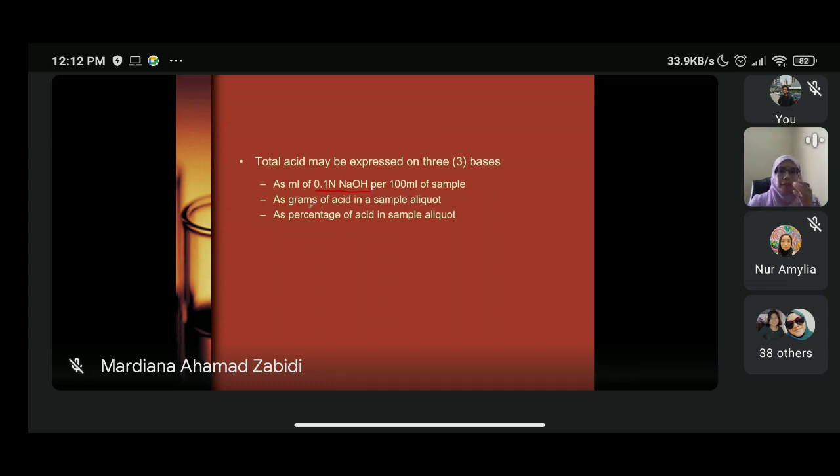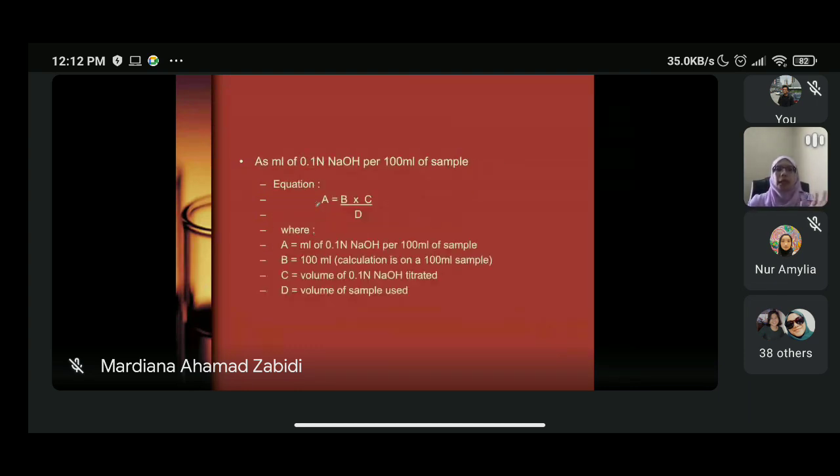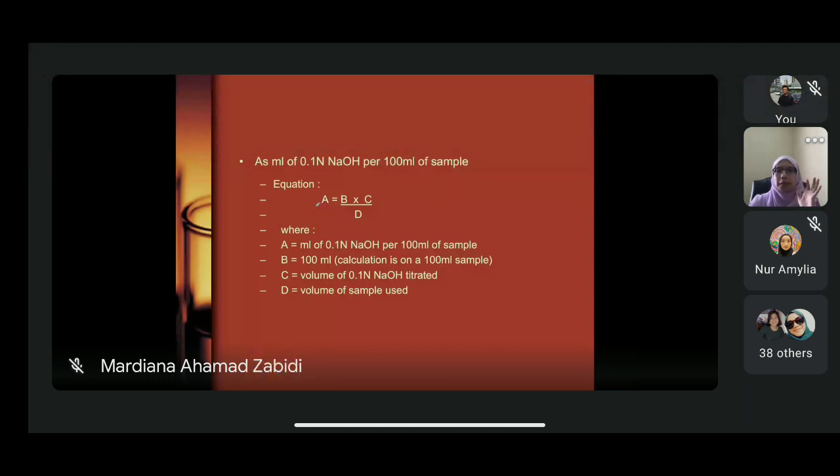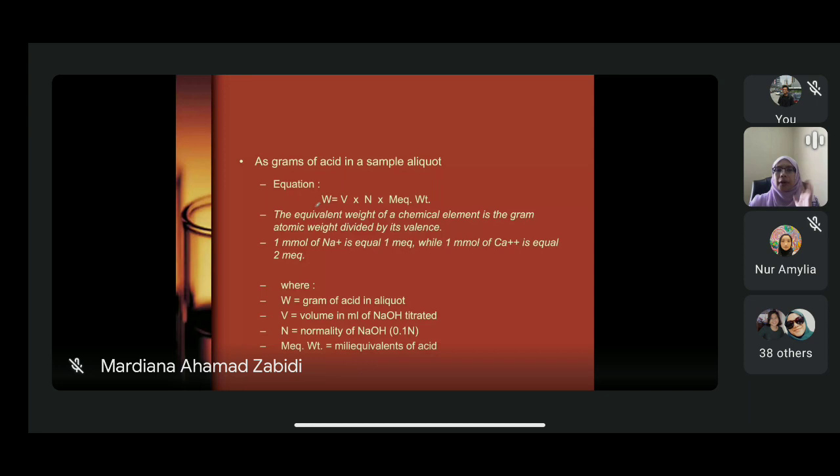Then kita ada grammage of acid in sample aliquot as well as percentage. So 1 in volume, 2 in grammage, berat, 3 in percentage. Okay, ni equation ni I dah bagi dekat you all. Kita dah cover this one. Equation untuk milliliter of 0.1 normal NaOH per 100 ml of sample, then grammage of acid in a sample aliquot, then the percentage of acid in sample aliquot.